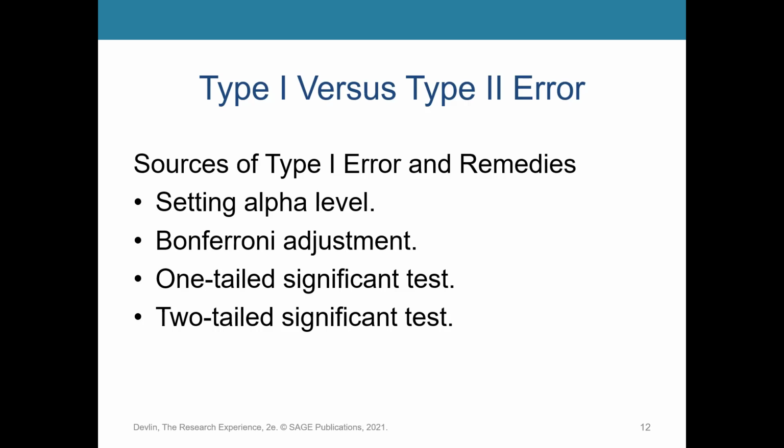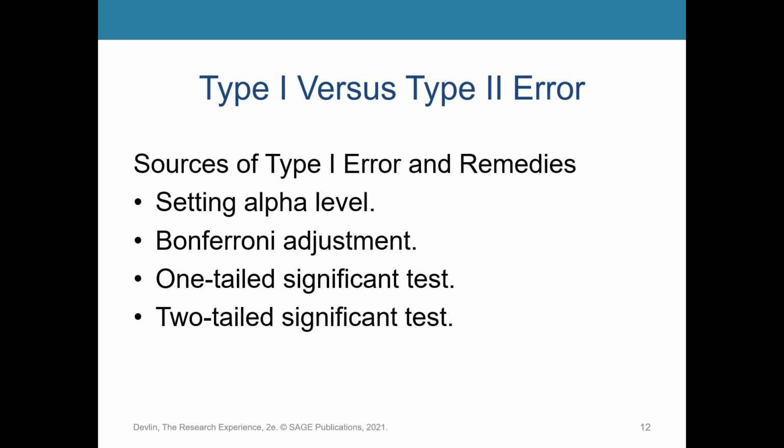And this is a way to decrease type 1 error. You'll see this when you do follow-up tests as you learn more about statistics. If you do a post-hoc or a follow-up, we often do a Bonferroni adjustment to control for inflated type 1 error.